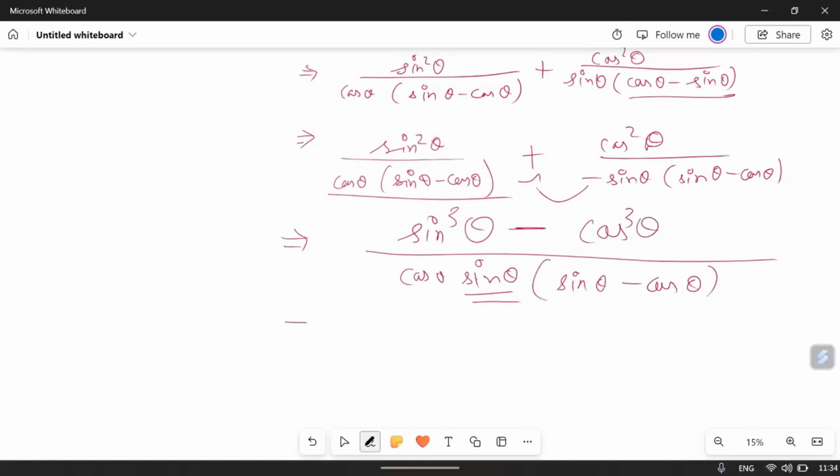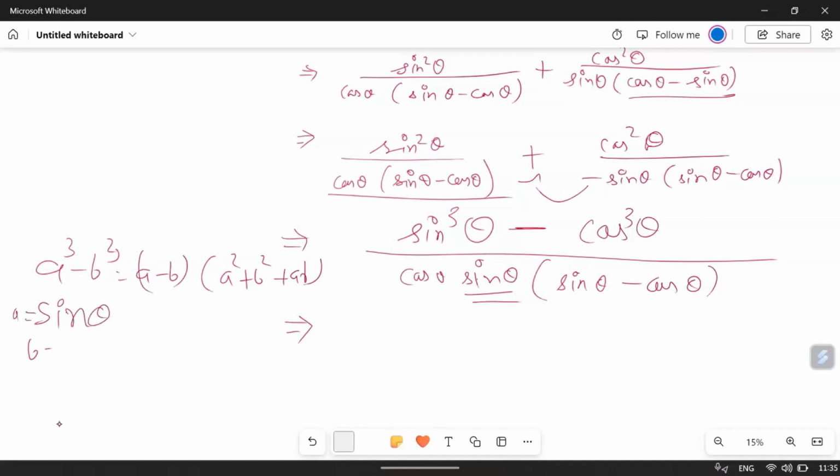Now we need to use the identity a cube minus b cube. What will it be? a cube minus b cube is a minus b, a square plus b square plus ab. Okay, so we can use this identity. Here a is your sine theta, and b is your cos theta.